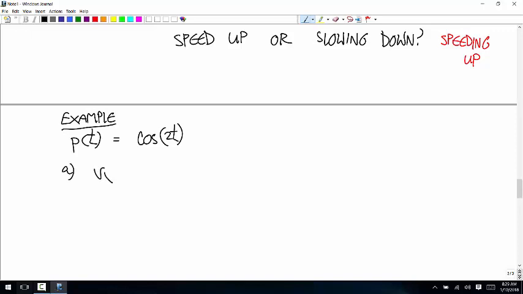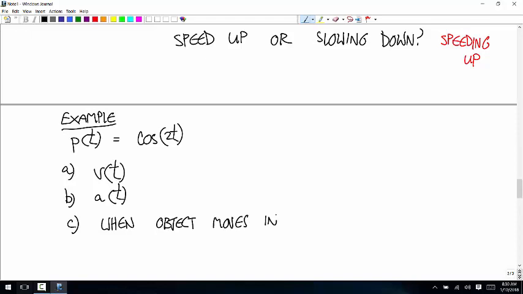So figure out velocity as a function of time, acceleration as a function of time. Figure out when the object moves in the negative direction, and figure out when it's slowing down.